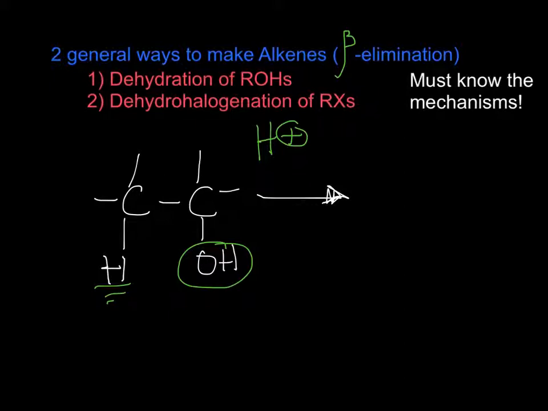It's not that way with alkyl halides. It's base catalyzed. But with alcohols, this is true for many of the reactions with alcohols, it's going to be acid catalyzed usually. And then the final product here, of course, is going to be the alkene and water, because it's a dehydration reaction.